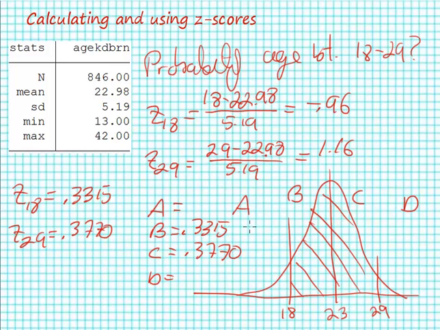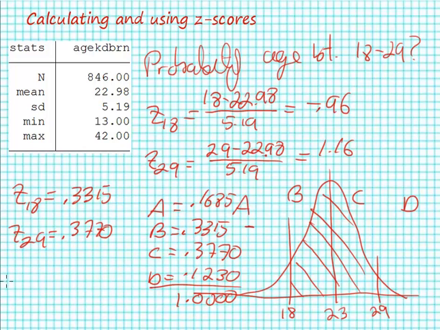If I subtract this number from 0.5, I get the area in A, which is 0.1685. And if I subtract C from 0.5, I get 0.1230. And again, this should sum to 1, which it does.